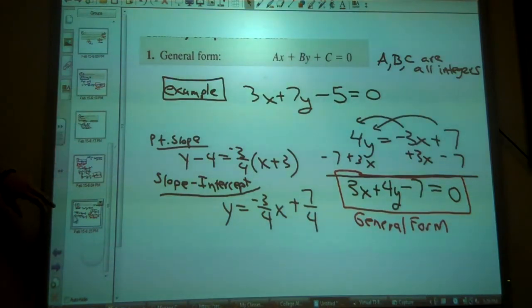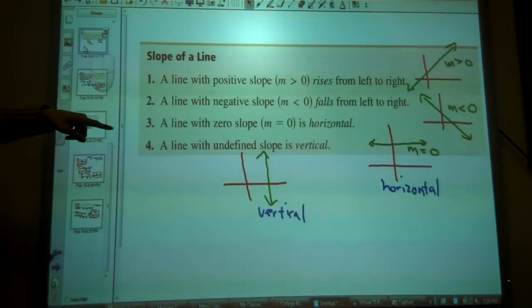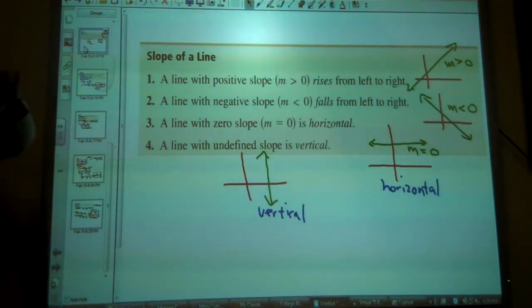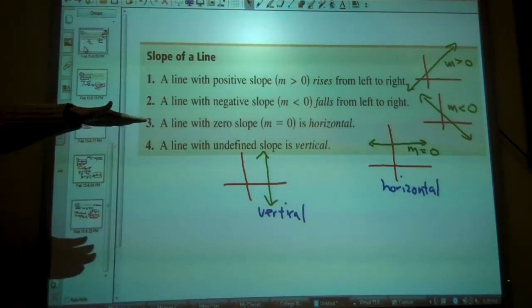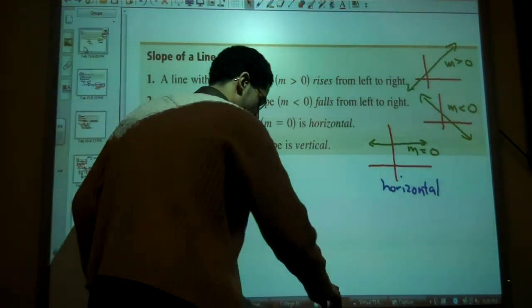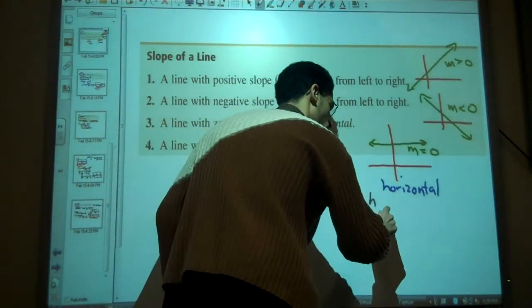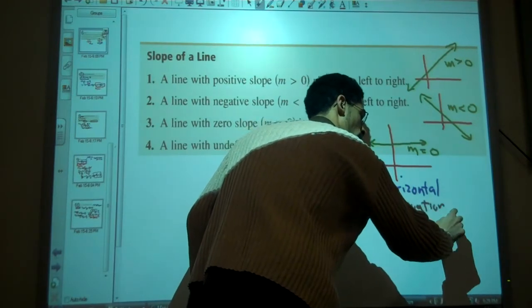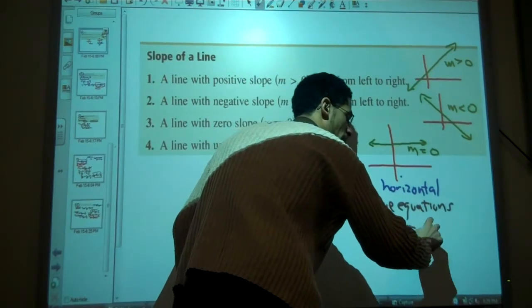Okay, a horizontal line has a special quality that the x can be anything you want it to be, but the y always has to be a certain constant. And so horizontal lines have equation y equals some constant.